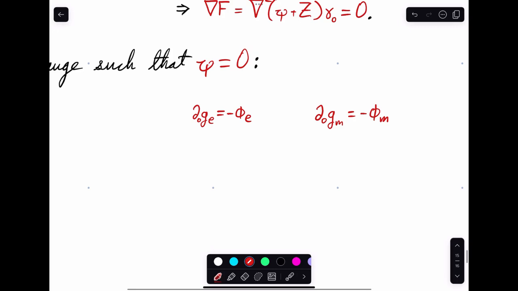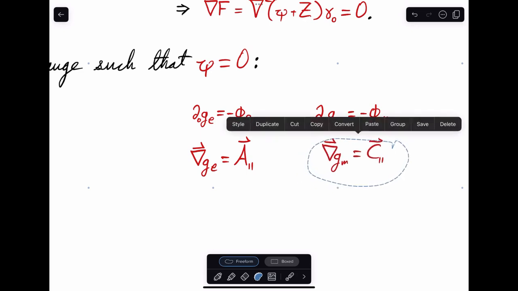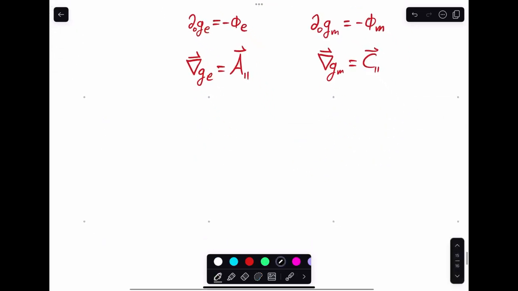So we can just write that the gradient of GE equals a parallel, and the gradient of GM equals C parallel, or longitudinal. So you get these 4 conditions, which then imply, so therefore, C equals 0.